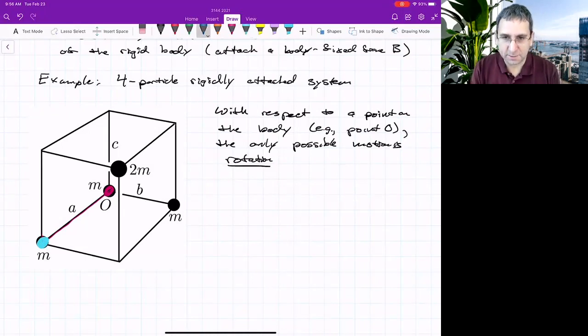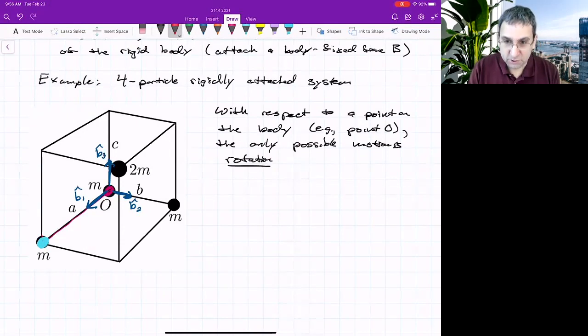So this gets to the point that we need to define some frames. So we should probably attach a B frame, some frame attached to this parallelepiped. So I'll call that the B frame. Call that B1, and then this direction, we'll call that B2, and then the direction going up this way is B3. That's attached to the body.